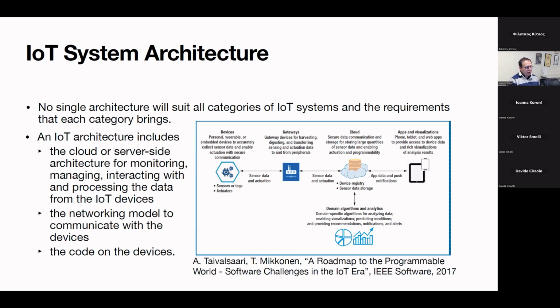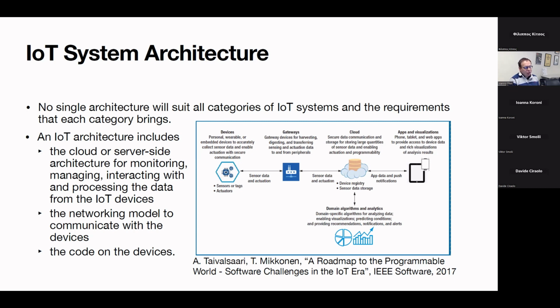So we can identify that an IoT system basically consists of the components that you see on the right. We have the devices that are deployed in the field. They may be personal, wearable, or embedded devices, which are used to accurately collect sensor data and enable actuation with secure communication.